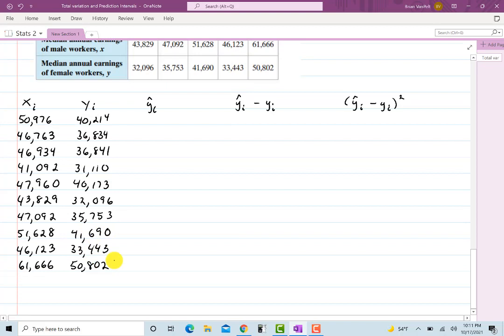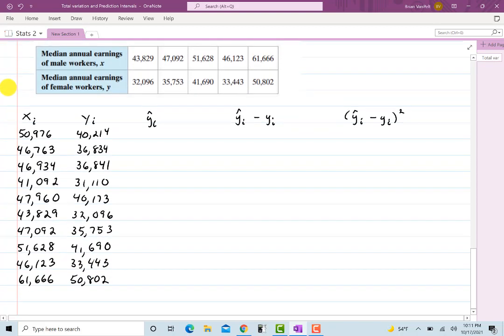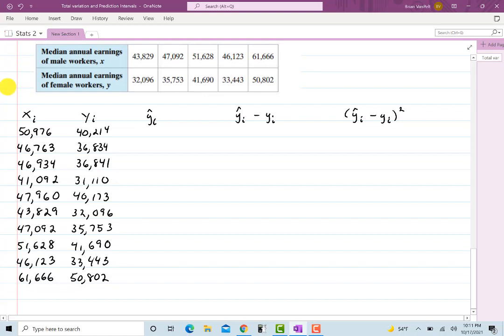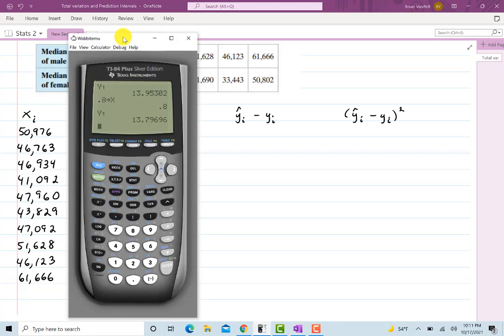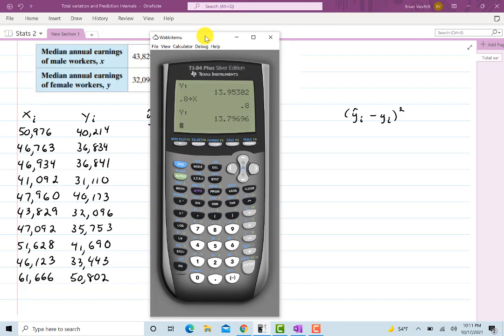Okay, now that we have that information in, let me get y hat. Remember, that's the linear regression line. To get that, we can pop into our calculator. Let's go to stat, and choose number 1 for edit.